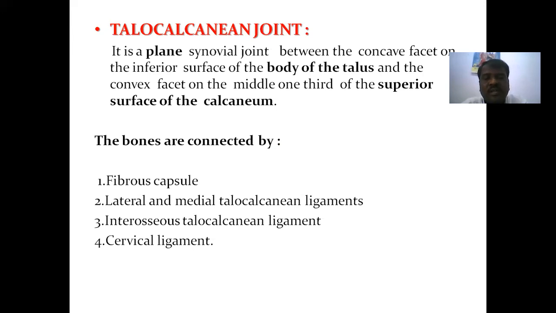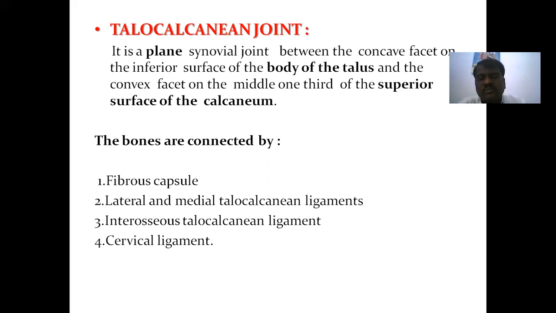It is connected by a fibrous capsule, lateral and medial talocalcaneal ligaments, interosseous talocalcaneal ligament, and cervical ligament, which give support and covering to these two bones.